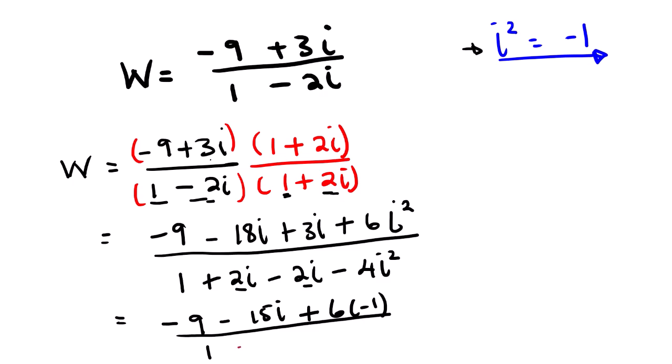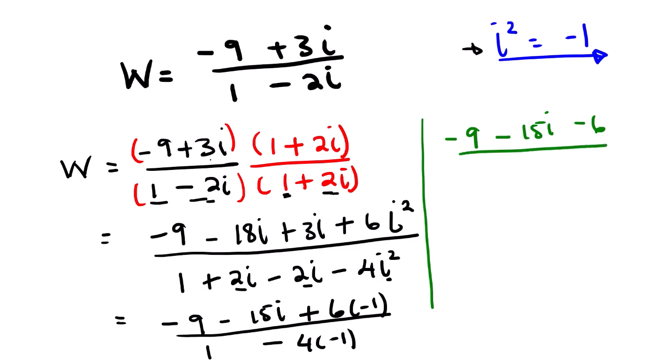We are left with negative 4 times negative 1, since we said i squared is negative 1. Then from here, let us simplify: negative 9 minus 15i minus 6 all over 1. Negative and negative will give us positive 4. So negative 6 minus 9 is negative 15, minus 15i all over 5.